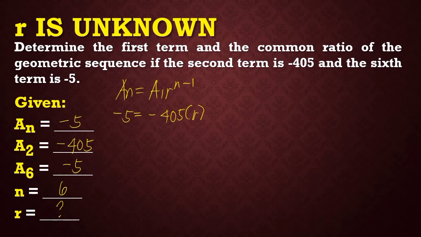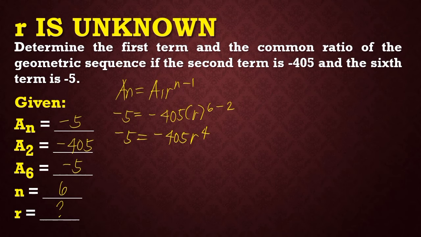Magiging 6 minus 2. And then next, negative 5 is equal to negative 405 r raised to 6 minus 2, that is 4. Okay. So, kaya po minus 2 kasi po, second term po yung given. Hinahanap natin dito talaga mamaya is yung first term.